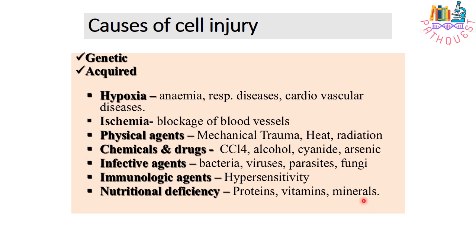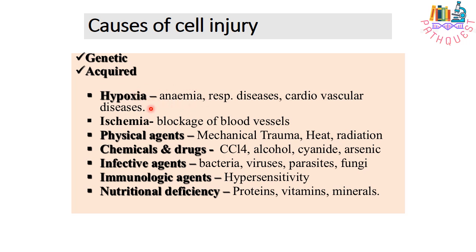Acquired causes in further detail. So hypoxia is a condition where there is decreased supply of oxygen to the tissues. There are various factors which can cause decreased supply of oxygen to the tissues. So these include anemia, respiratory diseases, and cardiovascular diseases.